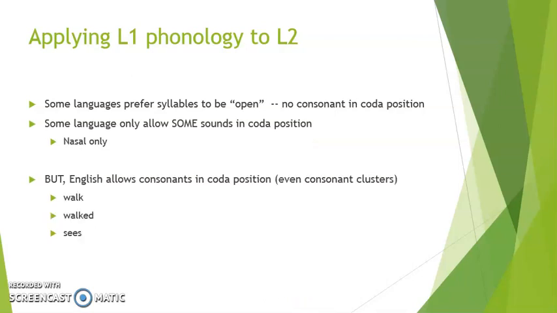Now, English also has lots and lots of open syllables, right? I, he, she, may, be, you. But English also allows consonants of all types in coda positions, like walk, seize, join, right? Lots of them. And English even allows multiple consonants in coda position, like the example walked.